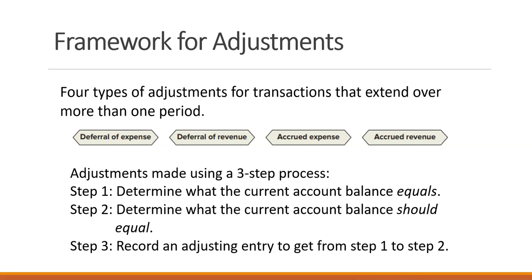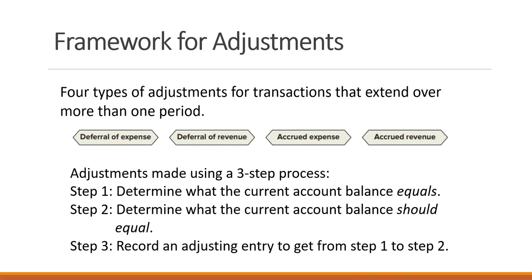Now we're going to talk about adjusting entries. Adjusting entries are entries that are completed at the end of each month before we prepare our financial statements. Our adjusting entries are going to look at transactions that extend over more than one period, such as prepaid insurance. If we pay for a year or two of insurance in advance, that asset benefits more than one accounting period.